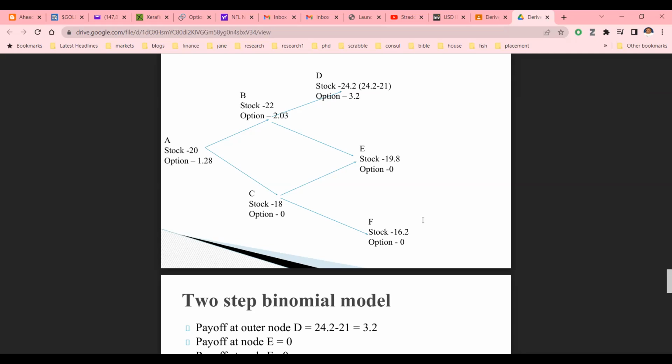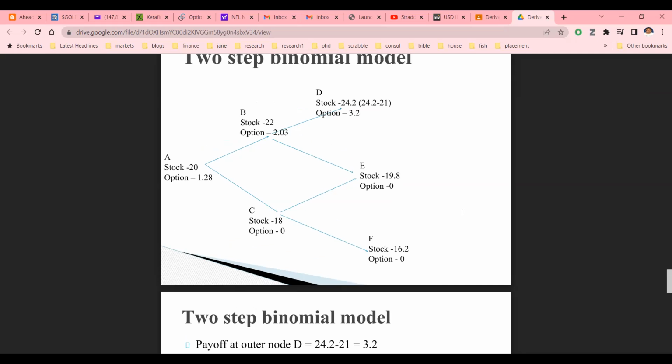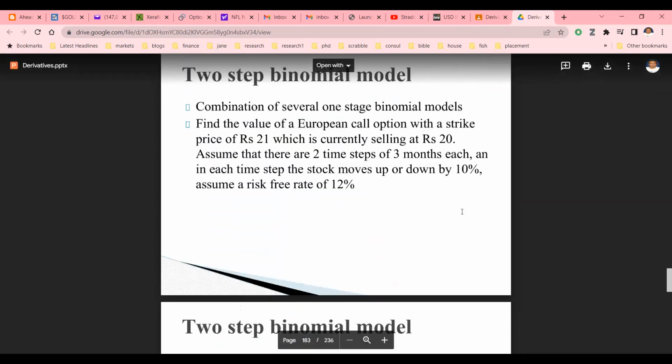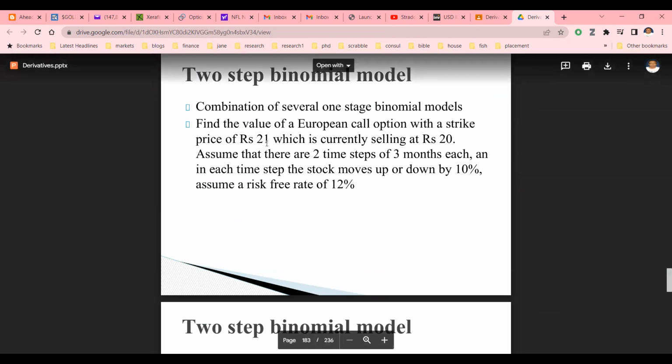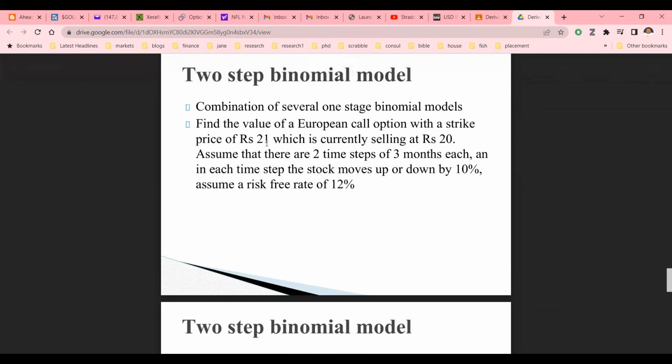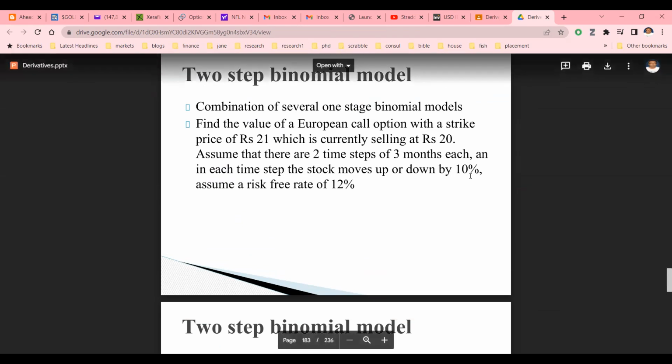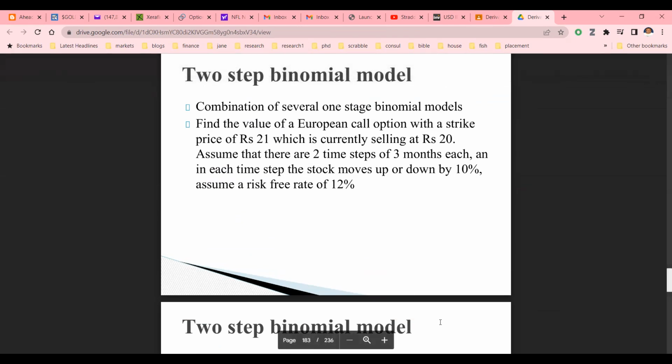But why exactly 10%? Because it is given in the question. Okay, so I'll show you now. Let's go back to the question. It can be anything, to be honest with you. But here, look, assume that there are 2 time steps of 3 months each, and each time step, the stock moves up or down 10%. And there is a strike price of 21, call option. So these two numbers are very important: 21 and 10%, given in the question. So we are only using that.